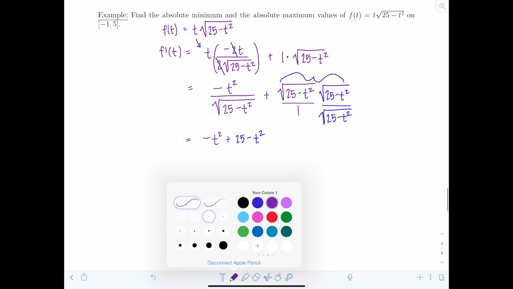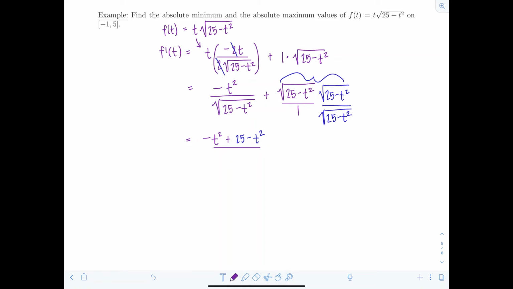And then we have the common denominator, rad 25 minus t squared. So then in the numerator, I'm left with 25 minus 2t squared over the square root of 25 minus t squared. So here's our derivative, all cleaned up and ready to go.